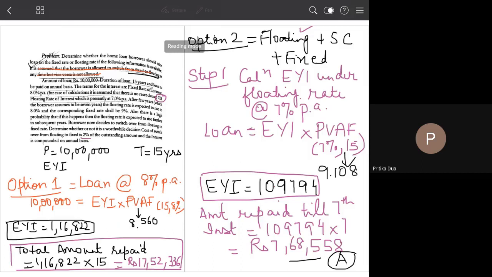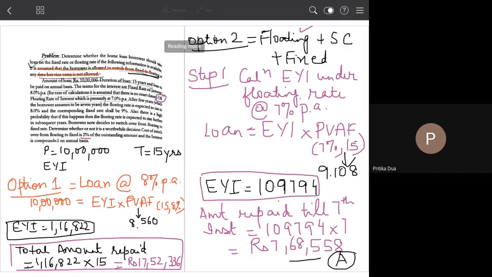For the second option, three steps are involved. You're starting with floating rate of interest for 7 years, then paying a switching cost, and then moving to fixed rate of interest for the remaining duration of 8 years. Now, with step 1, we take the same formula and calculate the yearly installment.